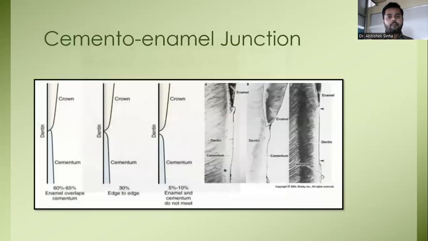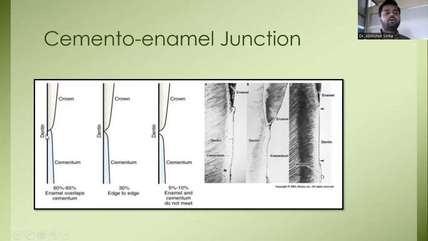Next, cemento-enamel junction, right? This is important from periodontics point of view. Now in cemento-enamel junction, you have 3 sorts of junctions, right? You have overlapping, you have butt joint, and you have gap junction.